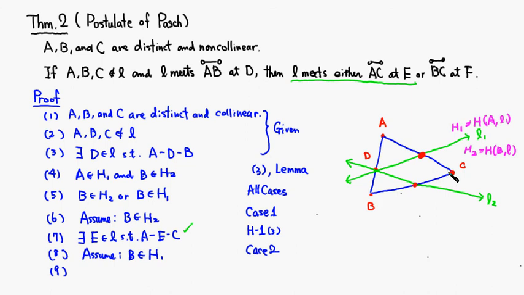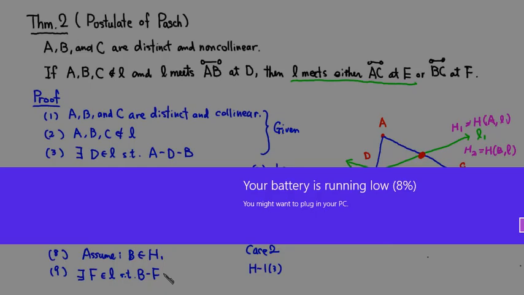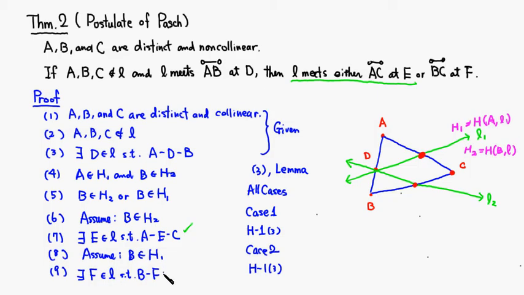Since B and C are on the opposite side, we can use H1 part 3. There exists some point F on the line L, such that F is between B and C. Right, B and C. All right, so this will tell you that L meets open segment BC at F.